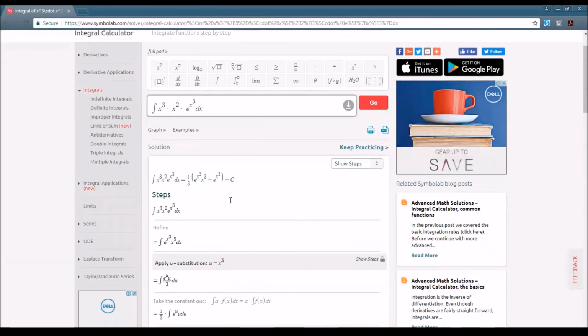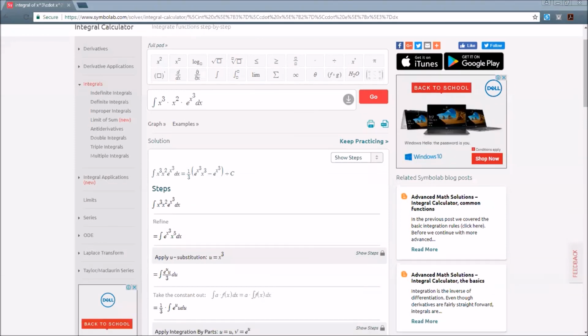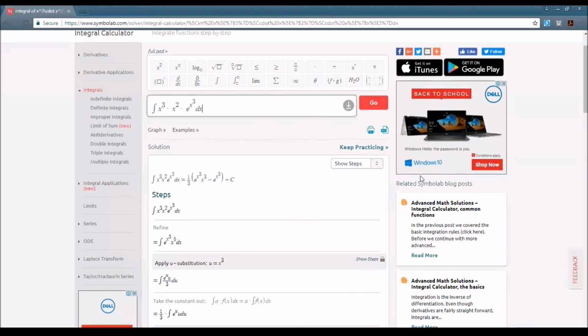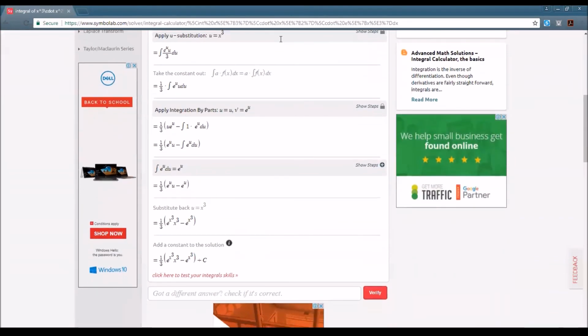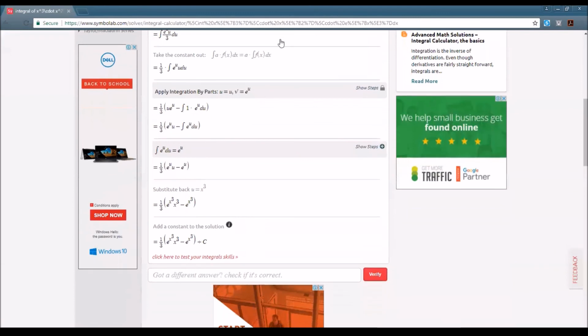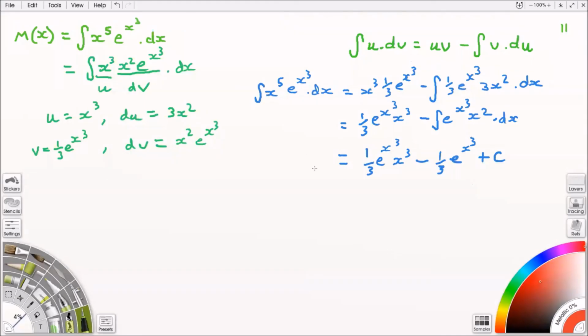Yeah, it does. I'm just alt-tabbing between them. Yeah, sweet. So we actually got the same answer as them. What they did is they brought the 1/3 out the front.